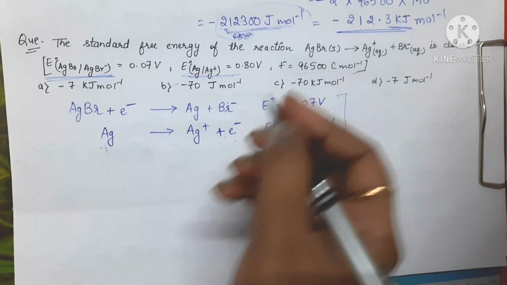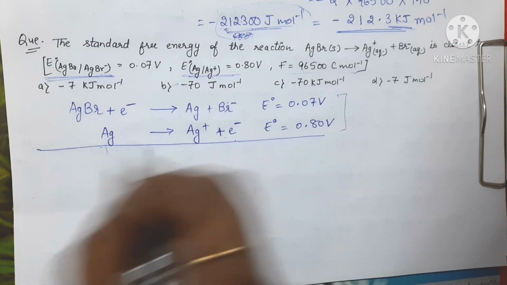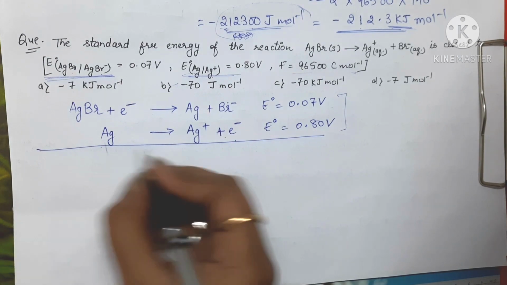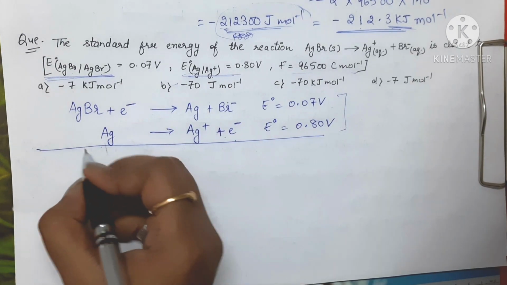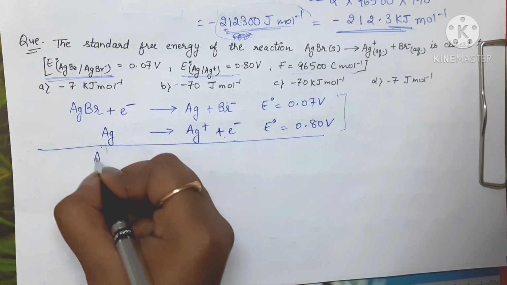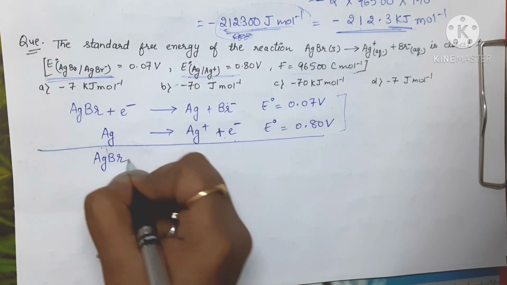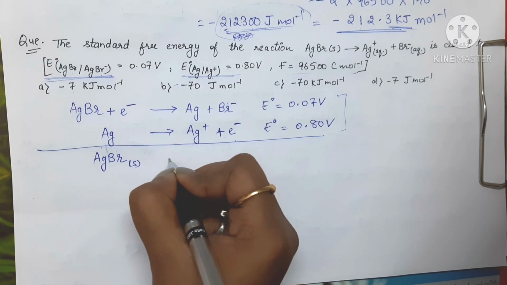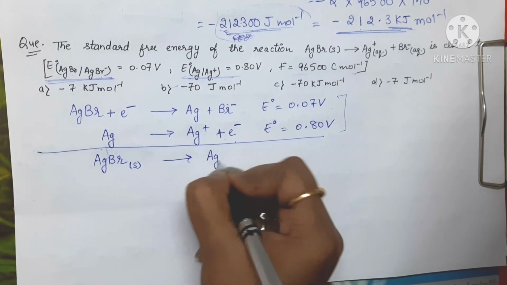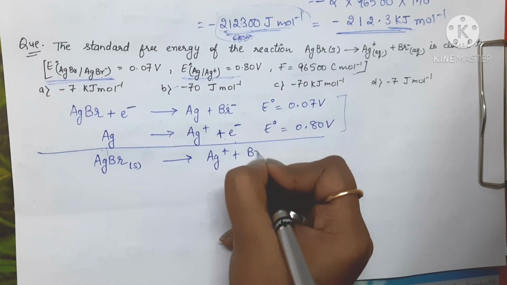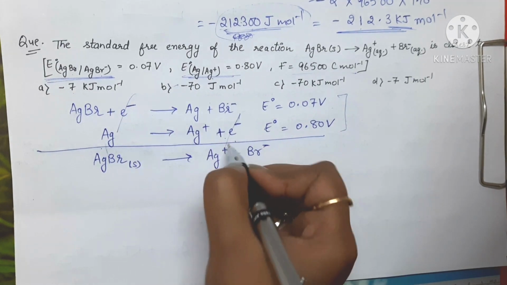Now if we want to write down the overall cell reaction, it will be AgBr solid giving Ag positive plus Br negative. These electrons will cancel out.